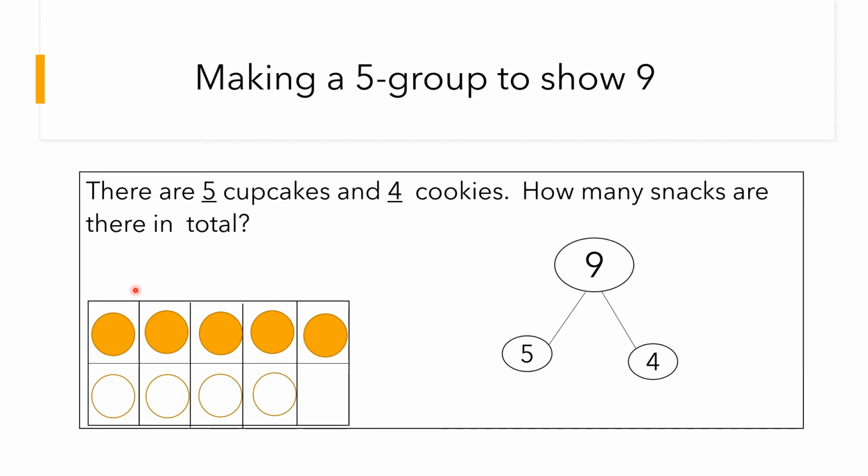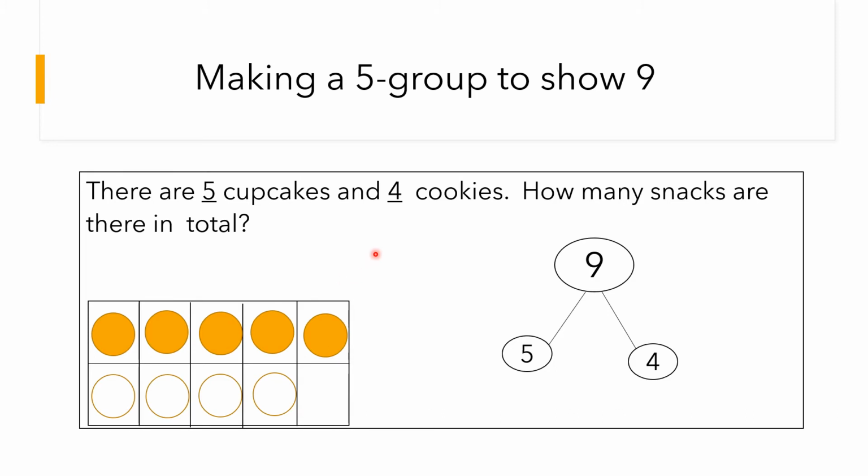Let's confirm or check. We can confirm or check our answer by counting our 5 group all together. Let's count all of our circles or our snacks all together. Ready? 1, 2, 3, 4, 5, 6, 7, 8, 9. 5 cupcakes and 4 cookies makes a total of 9 snacks all together.